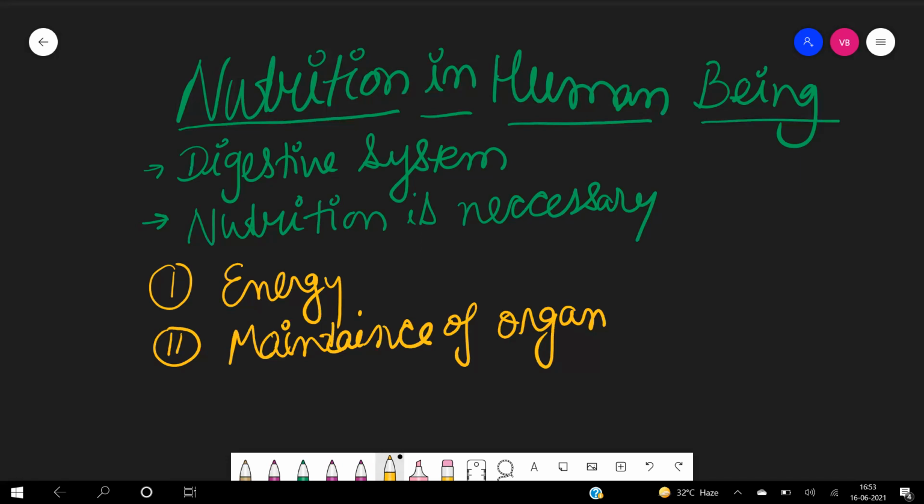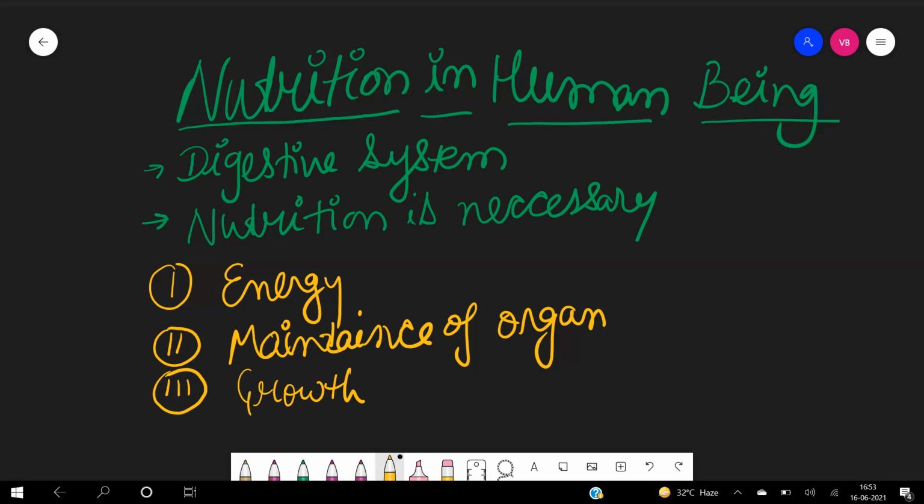And if all the systems together are in proper condition, then only a person will be a healthy person. So, maintenance of all the organs of the human organ system. The third important reason why we should eat food is for growth. For the growth, we need food.